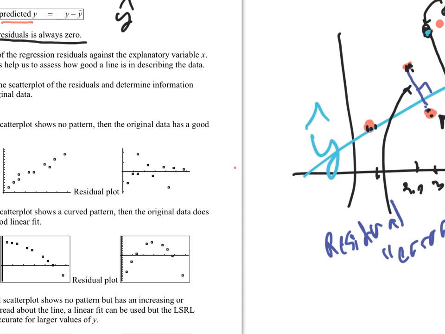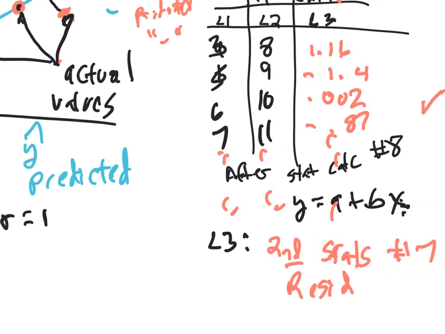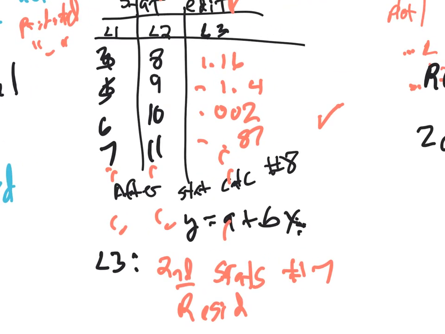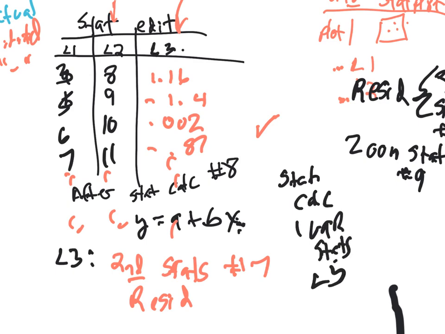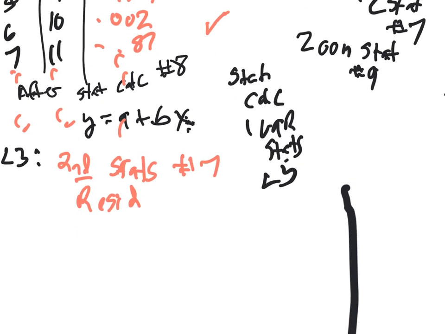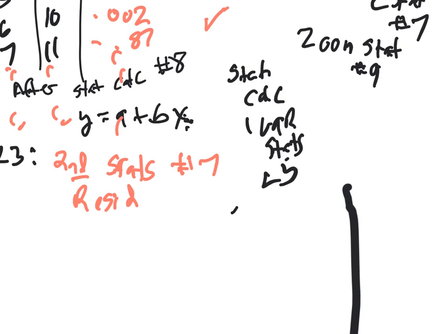Now, if you go to your calculator and you take this list 3 and you go to stat calc, 1 variable stats, list 3, the number won't be exactly 0. It'll be approximately 0.